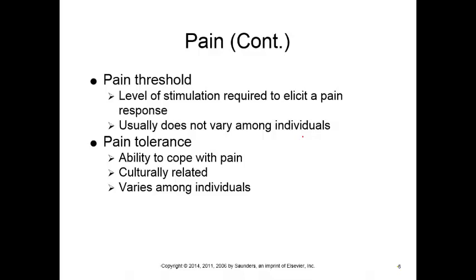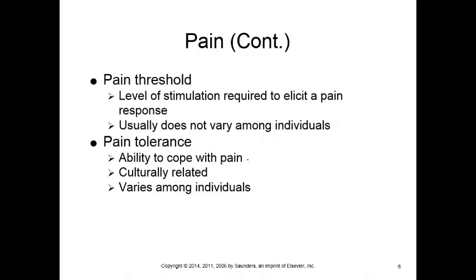However, each person has a different pain tolerance. So the level that reaches pain threshold is pretty much universal, but each individual has a different pain tolerance. That's how well they cope with pain. Some people, especially those who are chronically depressed, are going to be a lot more sensitive to pain. And some people in different cultures are less expressive.